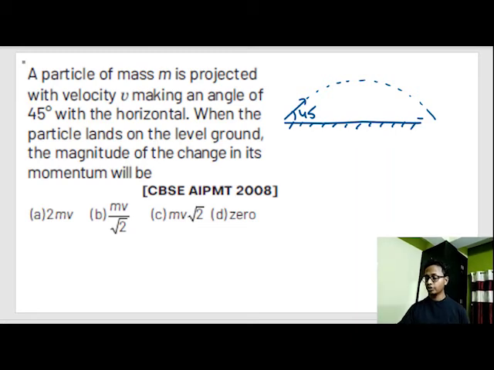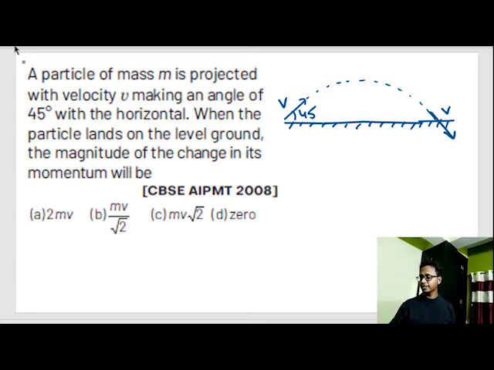And I always taught you that a projectile motion is symmetric in the vertical axis. That means the vertical velocity at the initial point while going up is equal to the same vertical velocity while coming down. If this was moving with velocity v out here, this will be moving with velocity v.